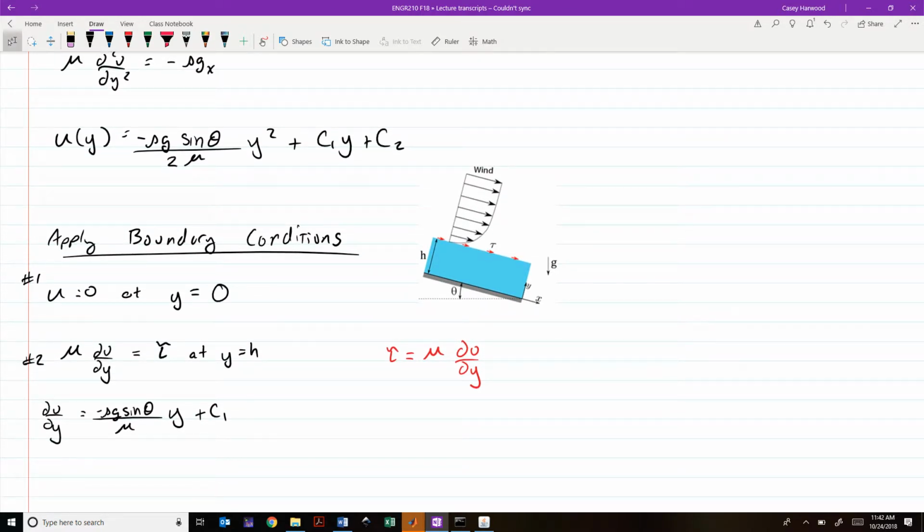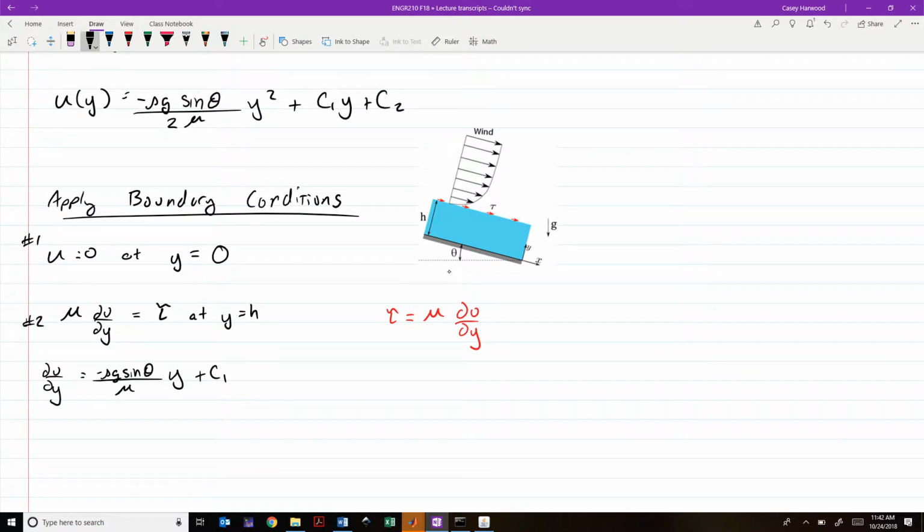And so this tells us then that negative rho g sine theta over mu times h plus C1 is equal to whatever the shear stress tau is. And so using that, we're able to solve for C1, and using the first boundary condition, this gives us that C2 is equal to 0. And so now we've fully defined our unknown constants of integration.